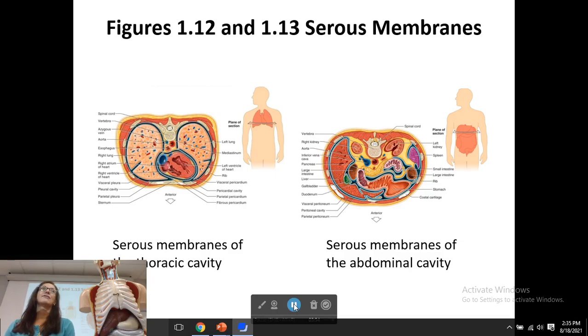And you've got visceral, which would be which layer? The inner layer, which is right on the surface, right? Right on the surface of the heart. It covers the heart. So when you're looking at the heart, if you have one of the models that you could take the heart out, right? So it would be surrounding all of that.